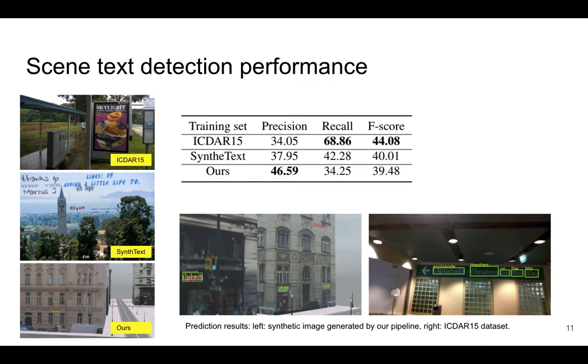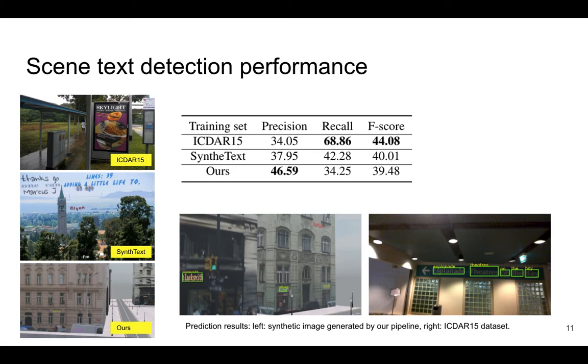As quantitative results show, using the images generated by our 3D city model achieved a comparable F-score and the best precision rate among the three datasets. This demonstrates that our method is capable of generating valid training data for text detection tasks.